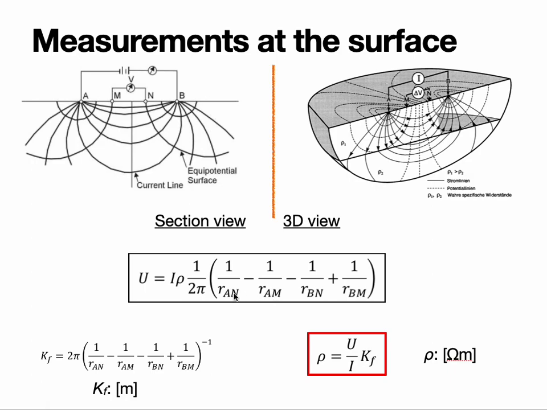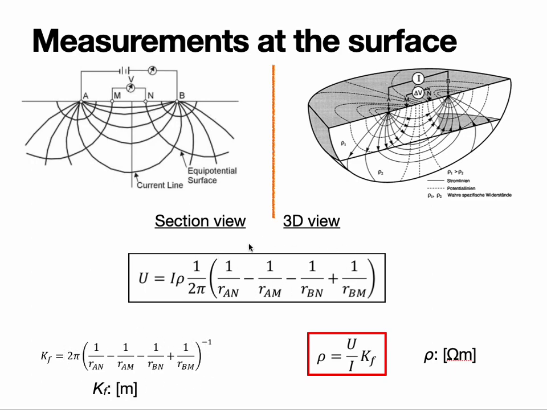A final expression, once again we solve for rho. An expression for the resistivity will be U divided by I times Kf. That's a very important factor. So this Kf, in the case of having all these electrodes, can be expressed as this.